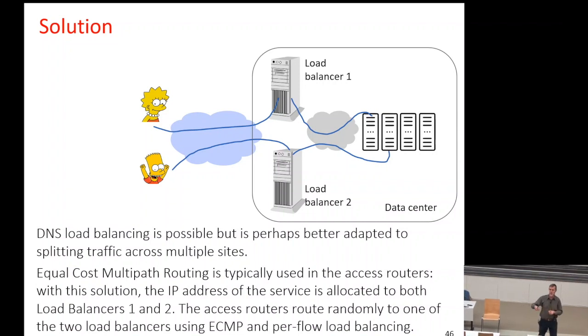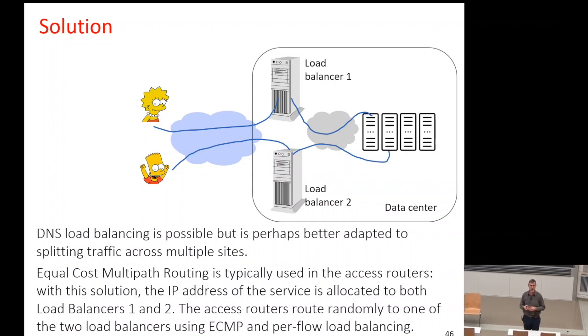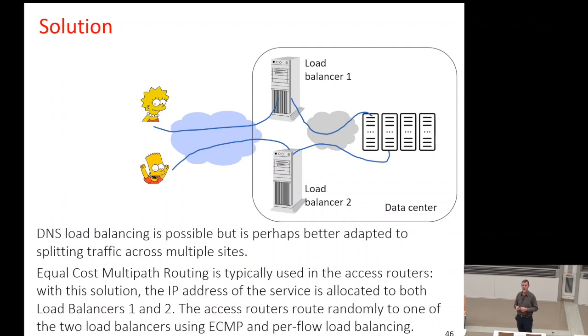Everybody will compute the shortest path to one of the addresses, and traffic will go to the machine that is the closest to you. If the costs are equal, then by the equal cost multipath system that we have in OSPF, you will split the traffic evenly between the two.